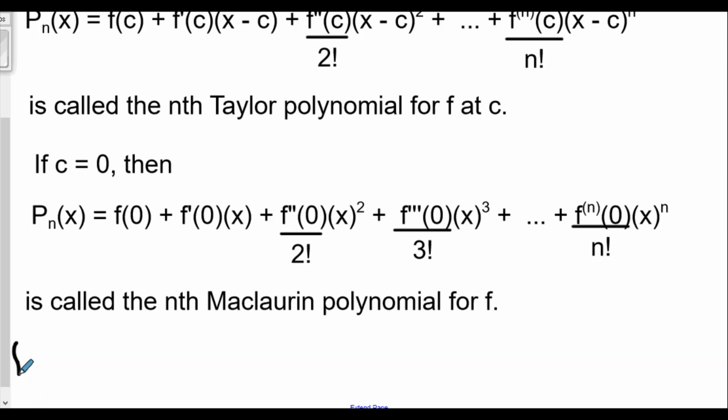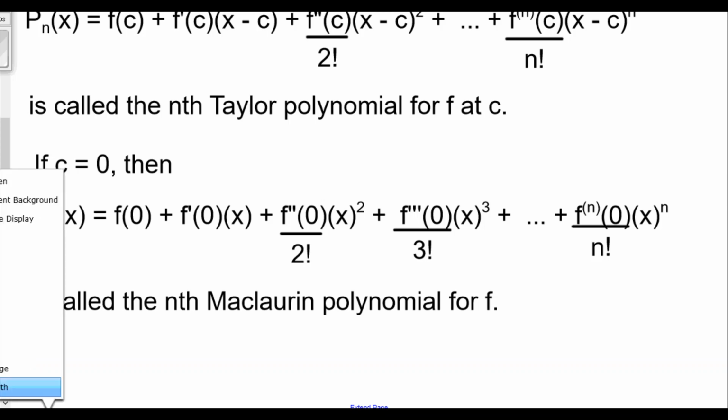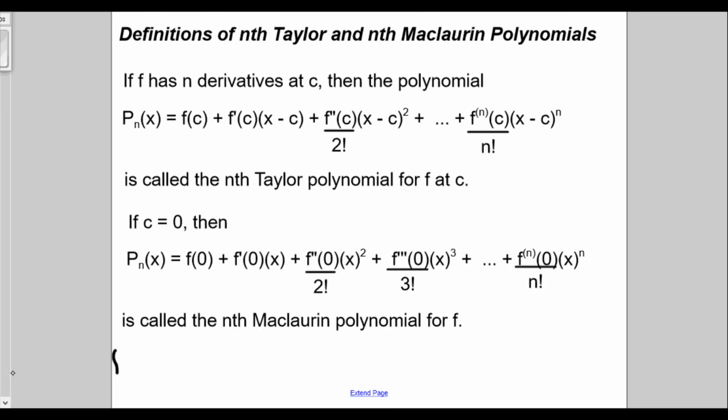Whew, that's a lot. Let me put this full screen so you can see. These are the forms we're going to use if we're asked to find a Taylor polynomial or Maclaurin polynomial. The only thing we really need to know how to do is find the function and its derivatives up to the nth.